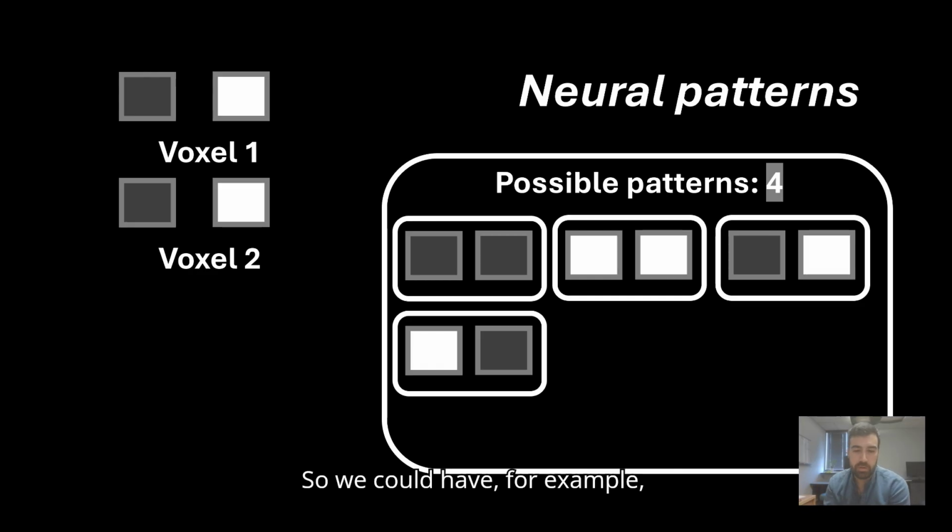We could have, for example, 0,0, no activity, no activity; 0,1; 1,0; 1,1, activity, activity. So now the possible patterns, taking into account these 2 voxels, increase to 4.